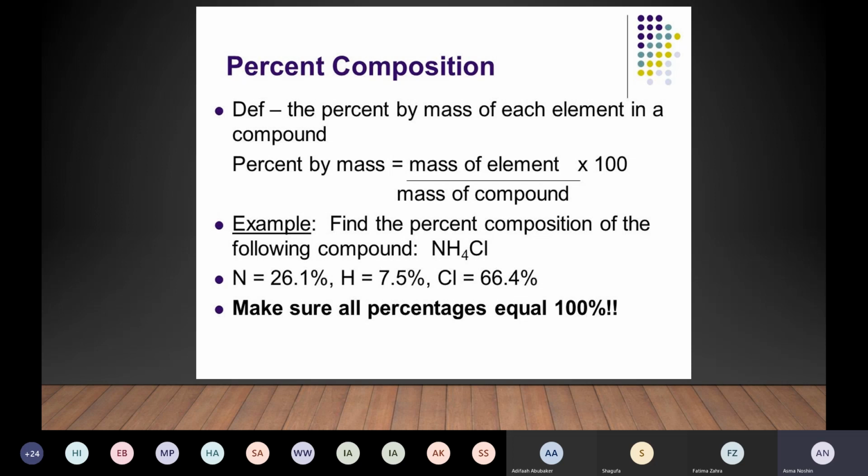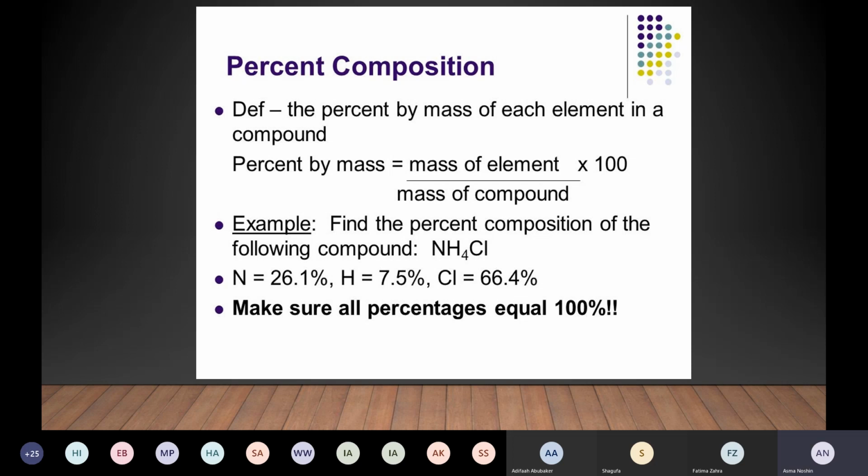Okay. Ali is there. Yes, Ali, can you tell me how you will find the percentage mass of chlorine if I want? Yes, you can tell me how you will do it.